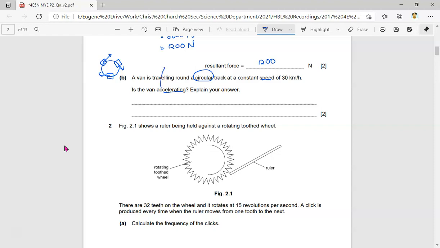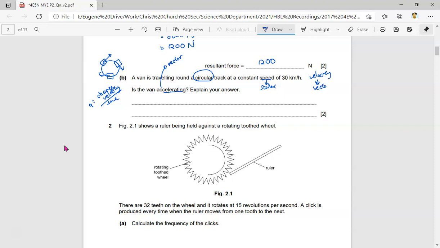So I need to know that acceleration is a vector. Okay? And acceleration is actually the change in velocity over time. Now, there is a difference between velocity and speed, because speed is a scalar, whereas for velocity, it's a vector.